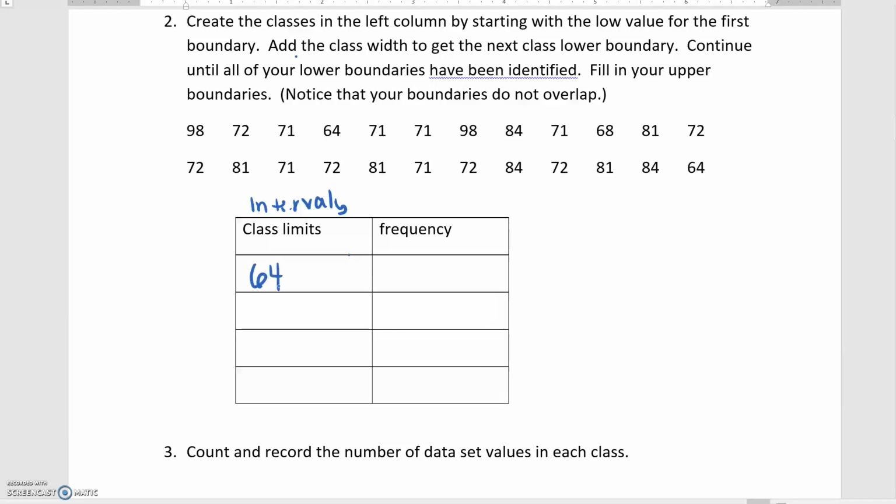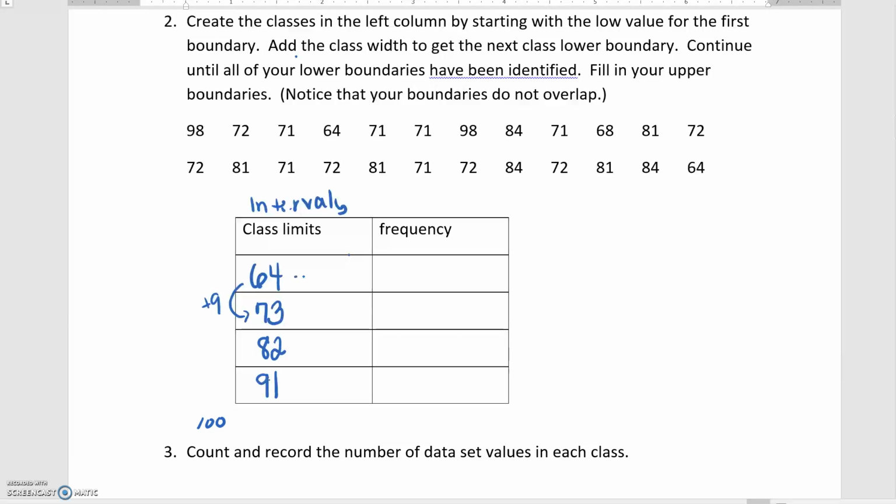Then we use our class width to actually find the beginning of the rest of the intervals. So we're going to add 9 to get our next starting number. So 64 plus 9 is 73. Then we would add 9 and get 82. And we'd add 9 again and get 91. Now I think it's helpful just off to the side to write what your next one would be if you had another class. So if we had 9 again, we'd get 100. And you'll see why that's helpful in a minute.